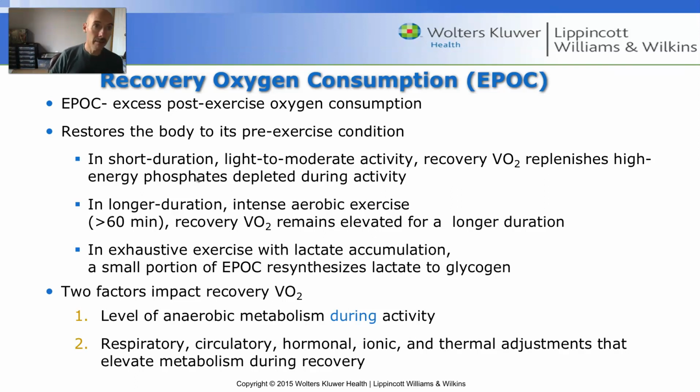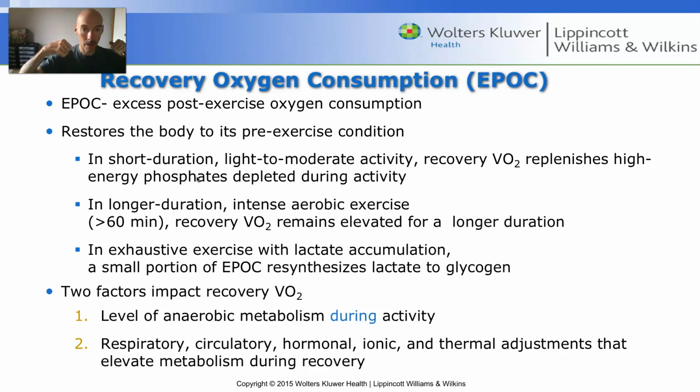We then have lactate that has accumulated that we have to get rid of. Now, if the aerobic energy system is operating at a higher level, it's going to require input.